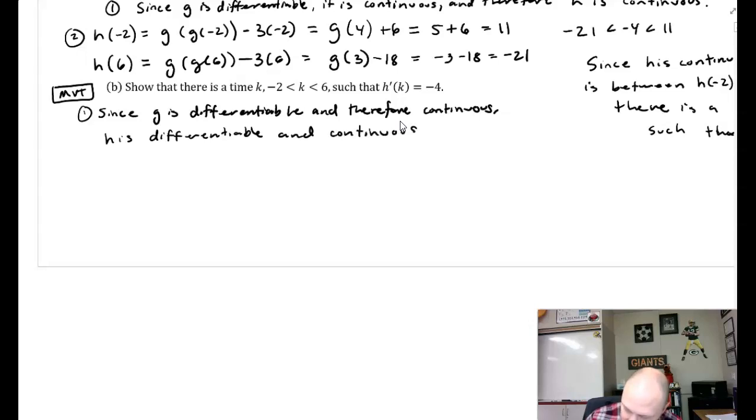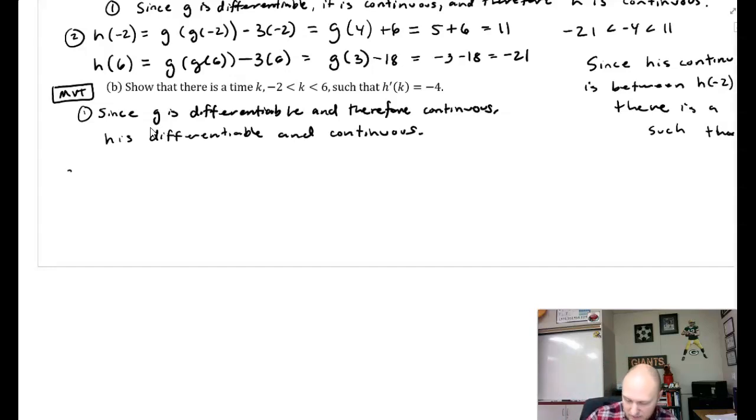And I know you may be saying, that's obvious, why do I have to restate that? Well, you need to restate that. You need to acknowledge that differentiability implies continuity, as well as understand that if g is differentiable and continuous, therefore its composition h is. So you have to state that, as you're checking off the checklist in order to apply the MVT.